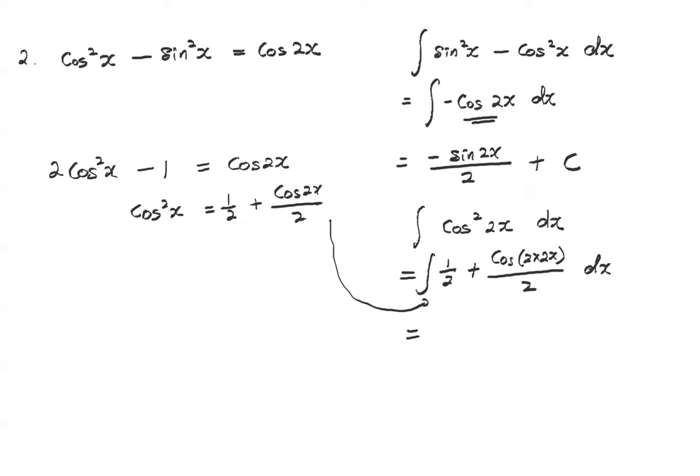So it will be half plus half cos 4x dx. I haven't integrated. So this will be equal to, integrate please. Just try, you integrate it. Give me the answer. Hey, you integrate your half?